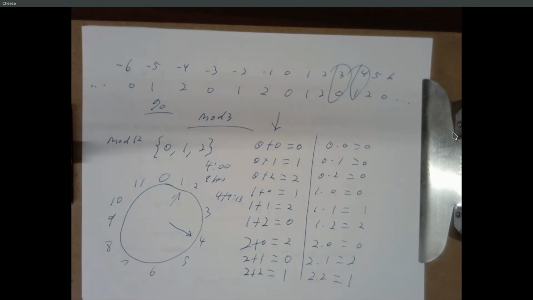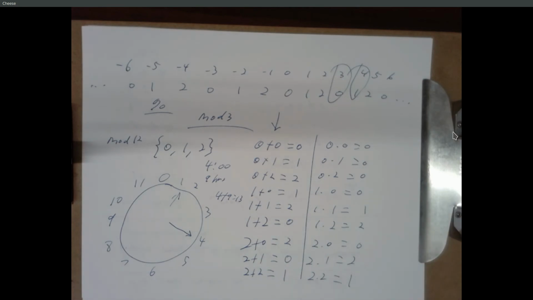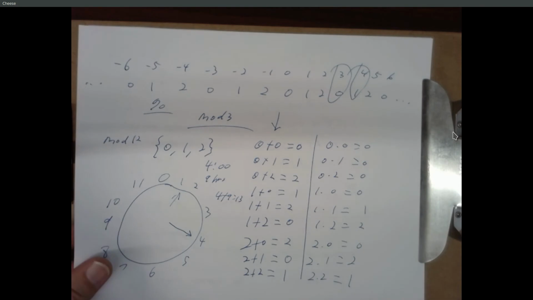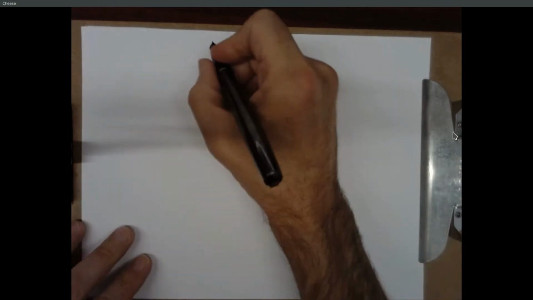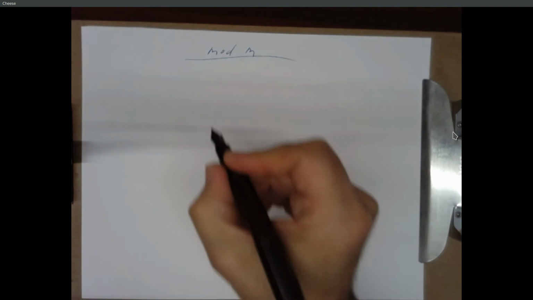Percent lets us divide one thing by another and tell us what the remainder is. So that's what's going on here. All right, so here's why this is potentially interesting. Still working with a fixed modulus m.